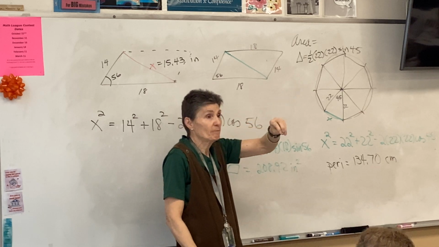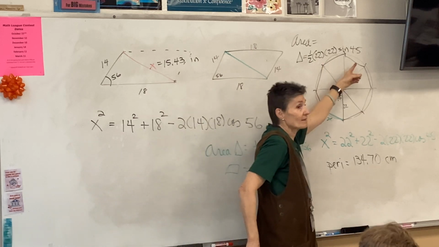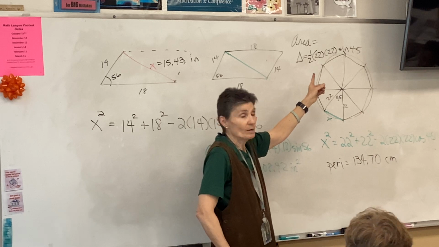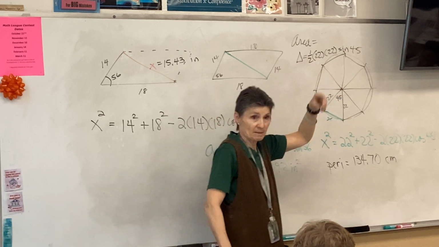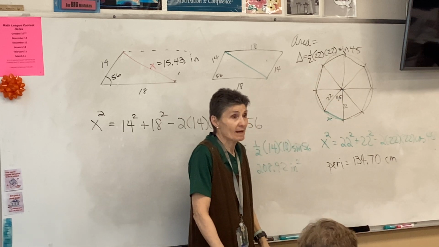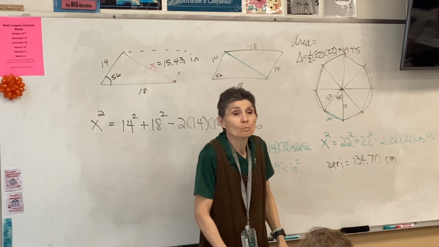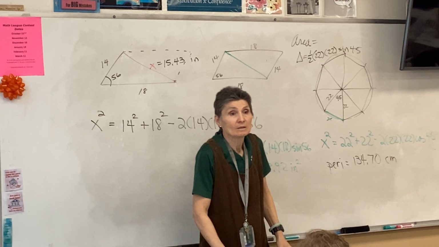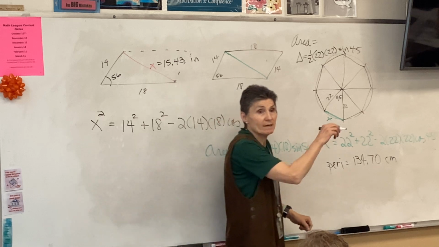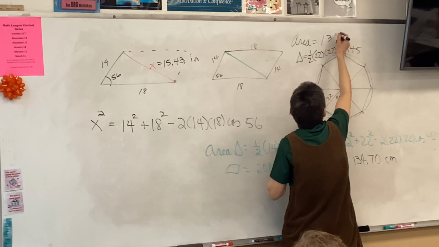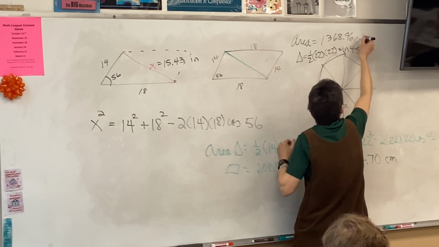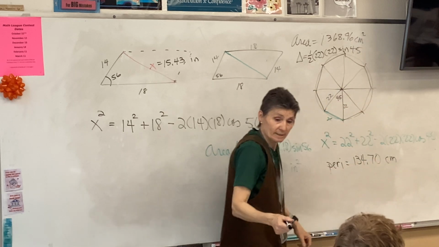But again, just like before, once you get that, we don't square root. We multiply that by 8. 1,368.96, and that would be square centimeters. Did you get that? Yeah.